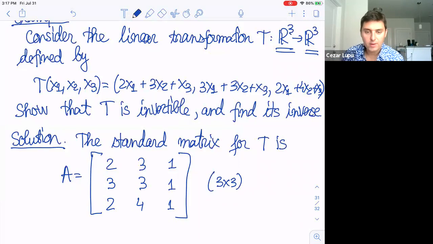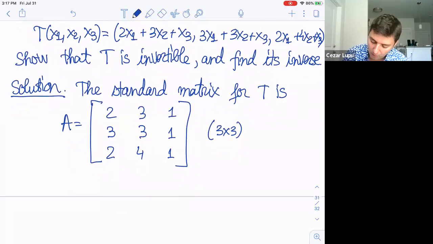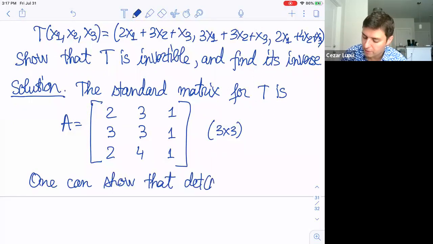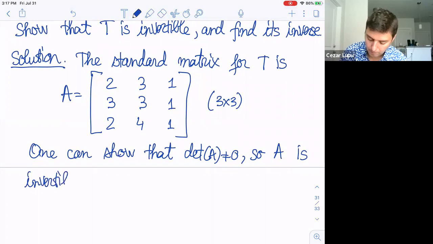The only thing you need to find is the inverse of this linear transformation. I'll leave it to you as an exercise. One can prove that the determinant of this is not 0. So therefore A is invertible, and the inverse exists.